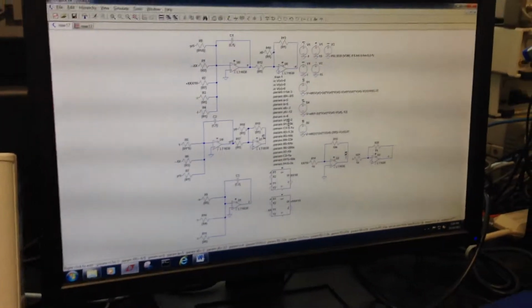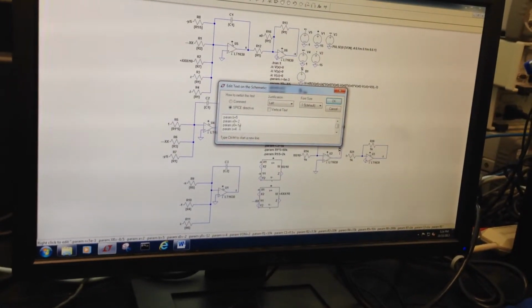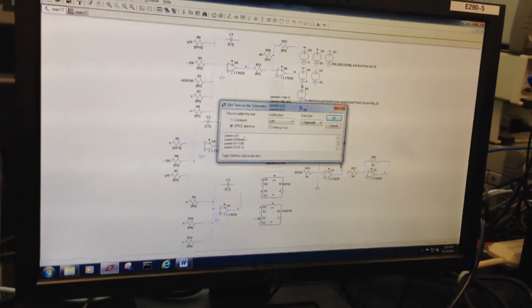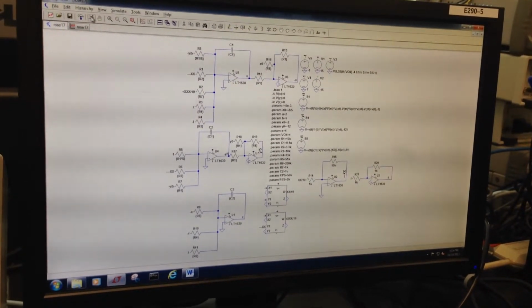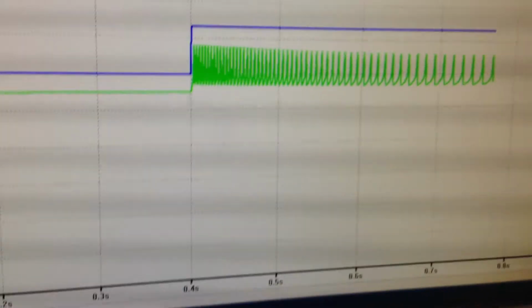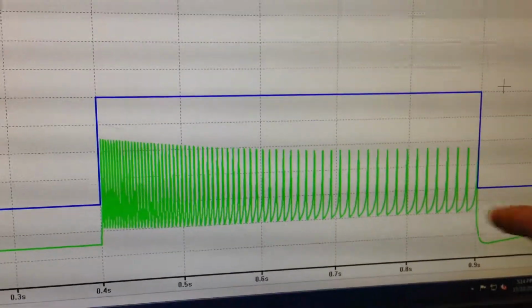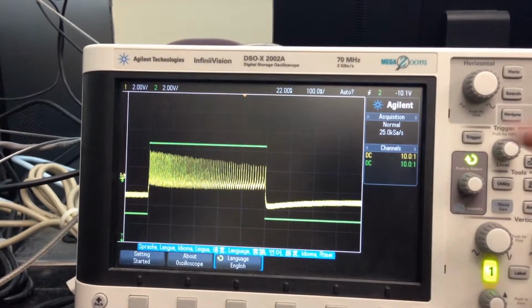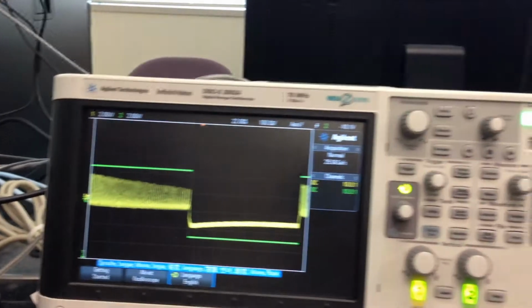And if we change this to 4 volts, the spiking becomes very identical to the oscilloscope output.